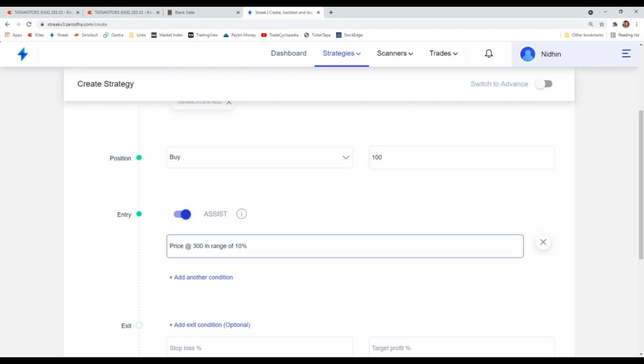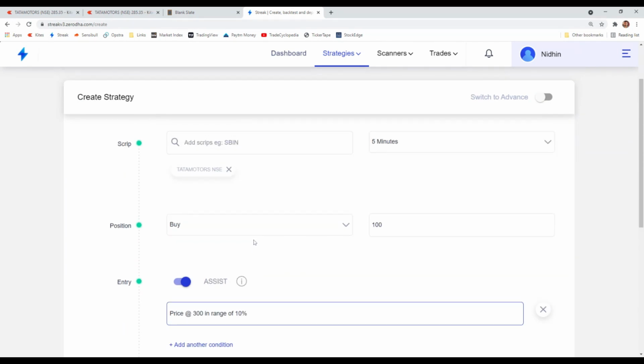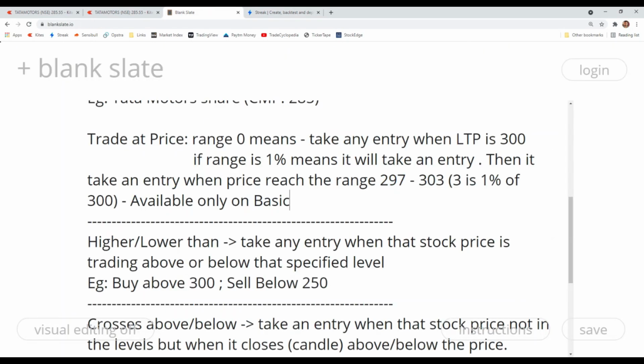Whenever the price comes within 270 to 330, it will immediately trigger. If I deploy this to the live market, this trade will be executed immediately, because Tata Motors is trading now at 285 rupees. The range would be 270 to 330, so the price falls in that range and it will get executed immediately. That is what the first condition explains.